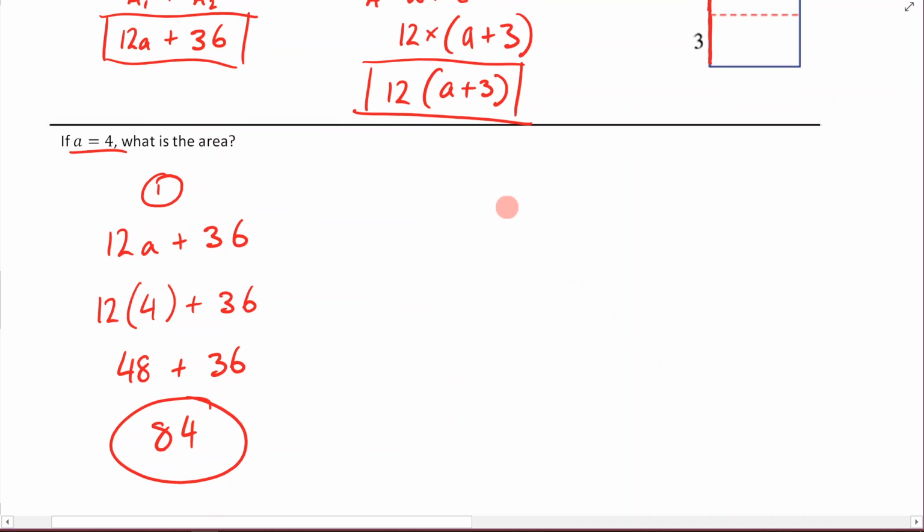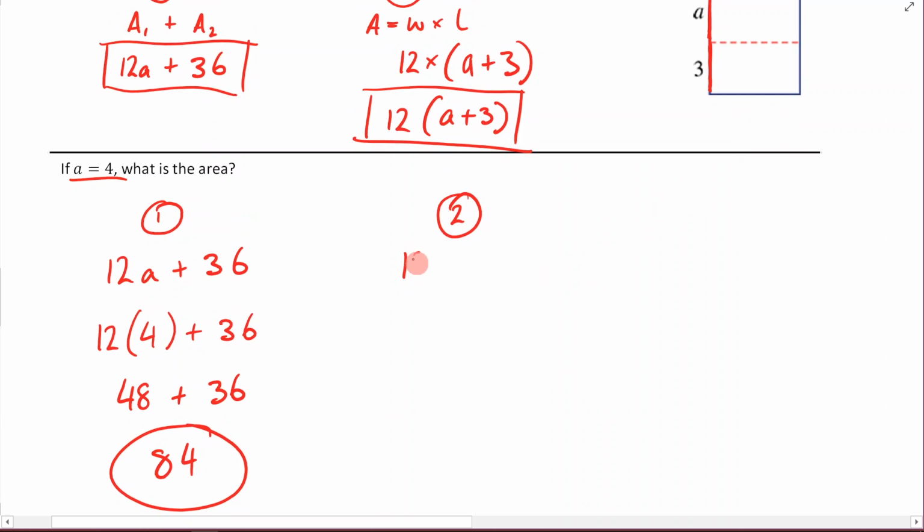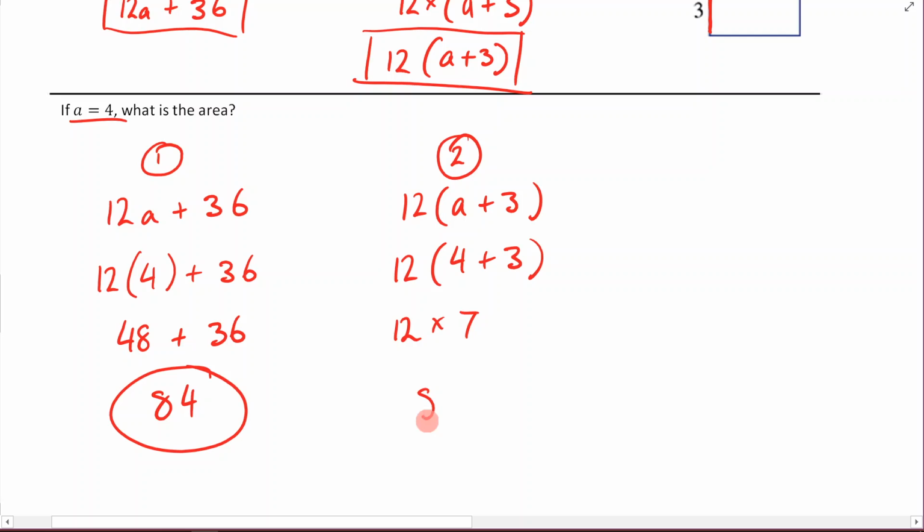If we were to use our other expression here, 12(A plus 3), if I put 4 into my A spot here, I'm going to get 12 times (4 plus 3). 4 plus 3 is 7, and 12 times 7 is 84.